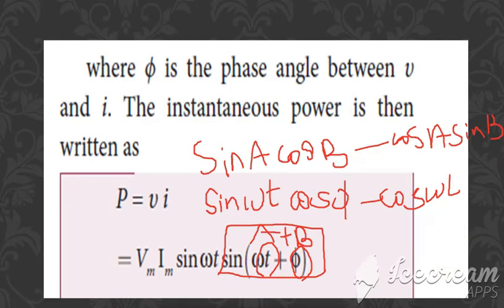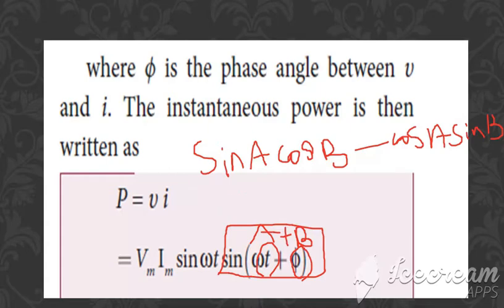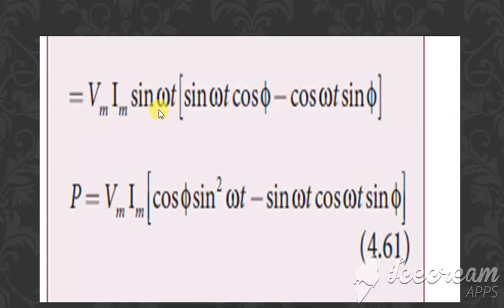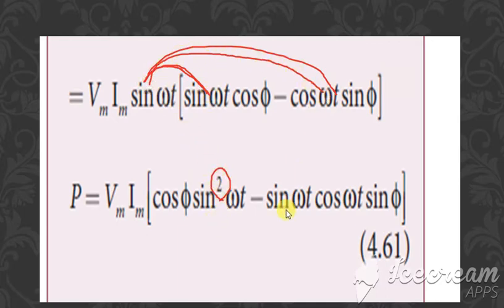This formula we write instead of sin (omega t plus phi). So P is Vm Im sin omega t into this expression. Now multiplying sin omega t inside, we get sin square omega t cos phi, and cos omega t sin omega t into sin phi.